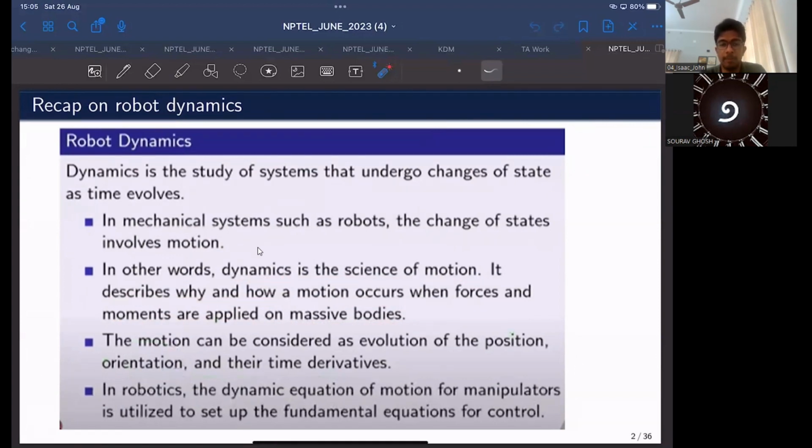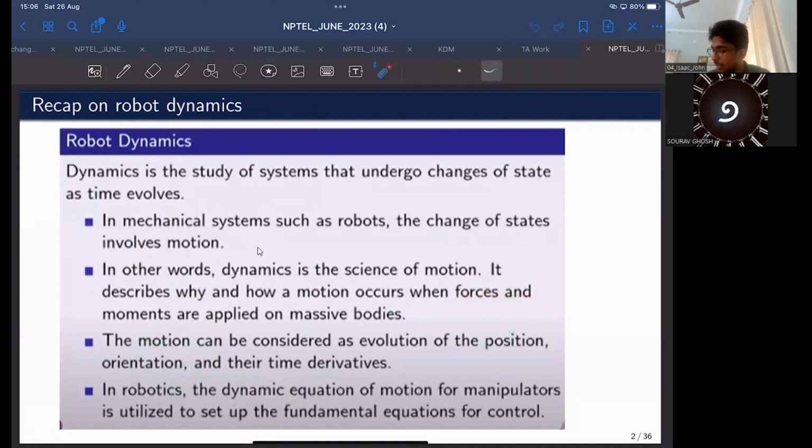So it's basically a study of motion involving forces. Earlier, we saw the pure kinematics case where we were not considering the cause of motion. We were only studying the motion, that is kinematics. But here we are also concerned with the forces, the cause of motion.